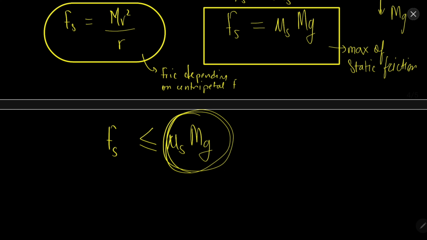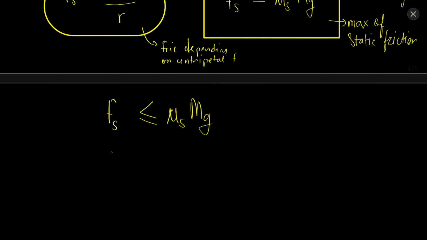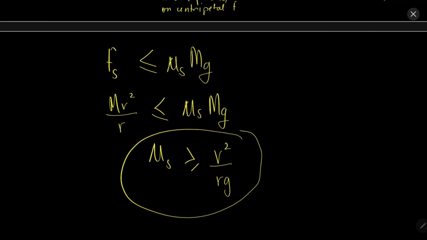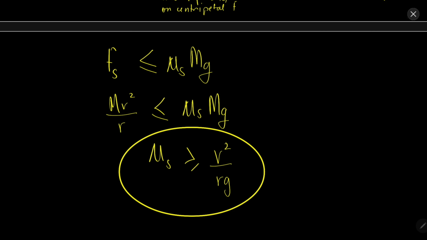The friction can only be smaller or equal to this value; it can never be greater. So mv square by r can be smaller or equal to mu s mg. From this we get that mu s is greater or equal to v square by rg.